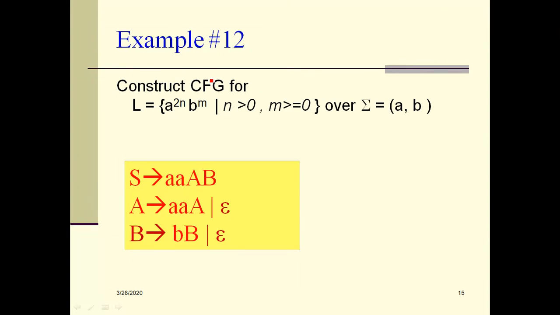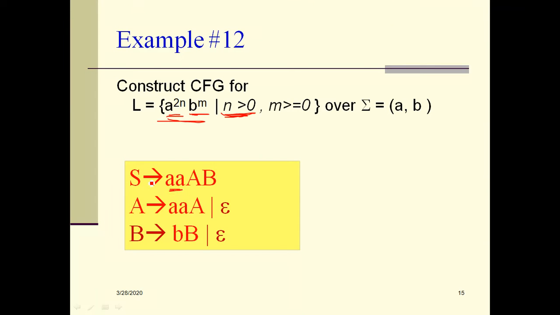So okay, this is the grammar for this. Then again it is a similar question, so I guess you will be comfortable in solving this. The question here is that there is no relation between the number of A and the number of B. The only thing is that the number of A is a multiple of 2, and there is no constraint on the number of B's. So the smallest string will have at least 2 A's, because n is always greater than 0, so the minimum value for n is 1, so at least 2 A's are always there.